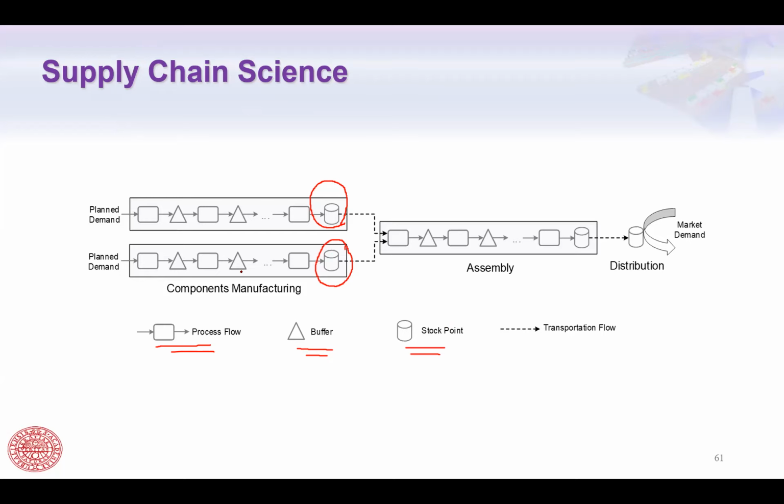It is a little bit different from the buffer, because the buffer serves the purpose of a cushion to absorb the disturbances from your process. But the stock point may be different. The purpose there is to wait, either from the transportation or, like in this case, to finally deliver to the customer. No matter whether you talk about push or pull systems, if we have the market demand and we pull from the stock, this is the classical make-to-stock situation.